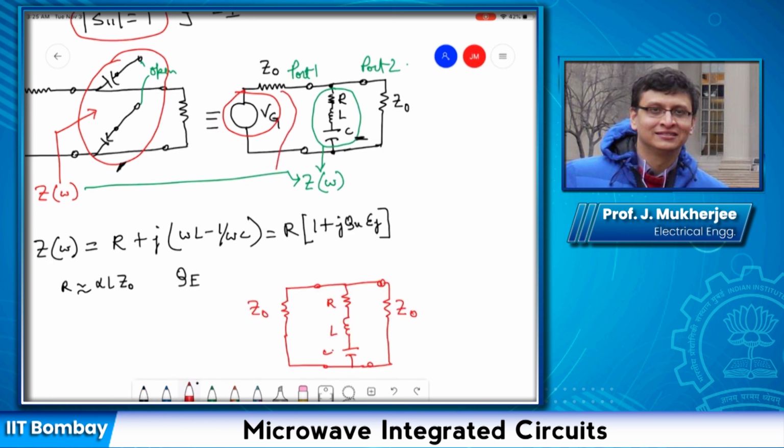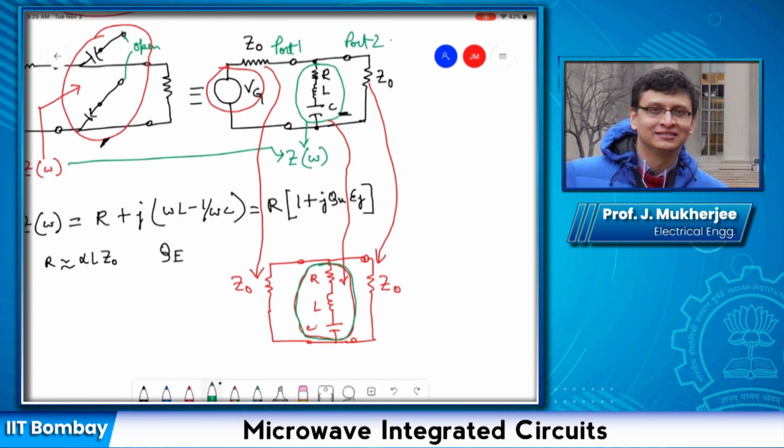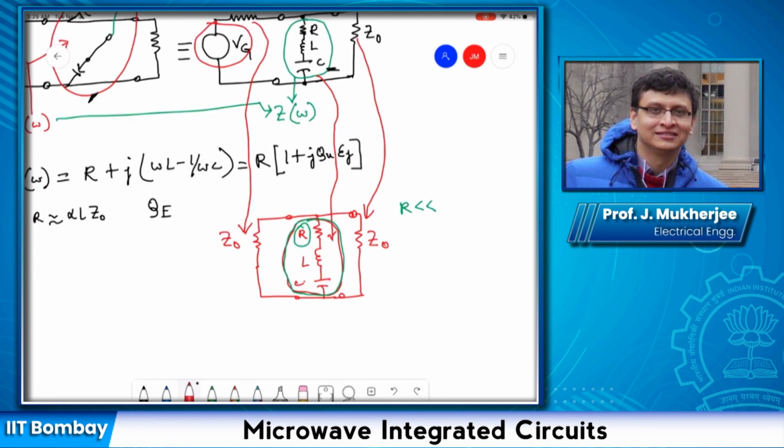This comes here, this comes here, and this series resonator is this part. Now assuming that this resistance value is small, this can be further simplified.